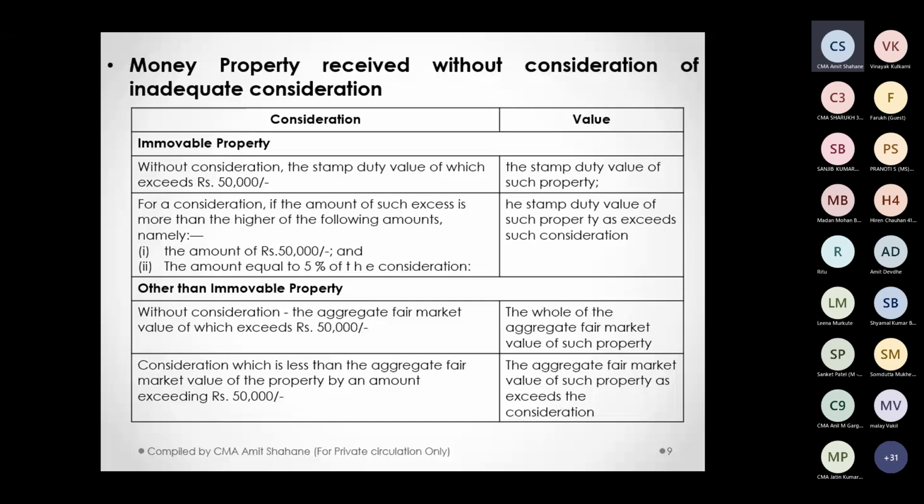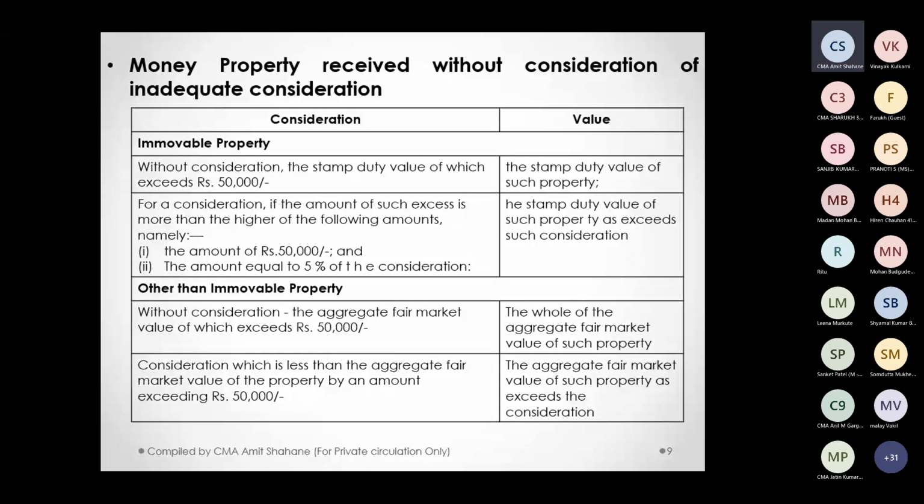So typically, we have seen that if I get, say by cheque or in cash, more than 50,000 rupees from a non-related person, it is chargeable to tax, right? But what if I received an immovable property or movable property without any consideration or without adequate consideration? Now, what happens to that?